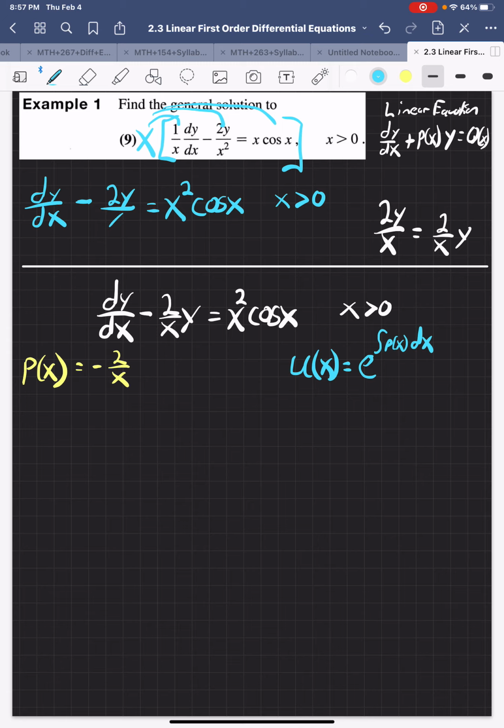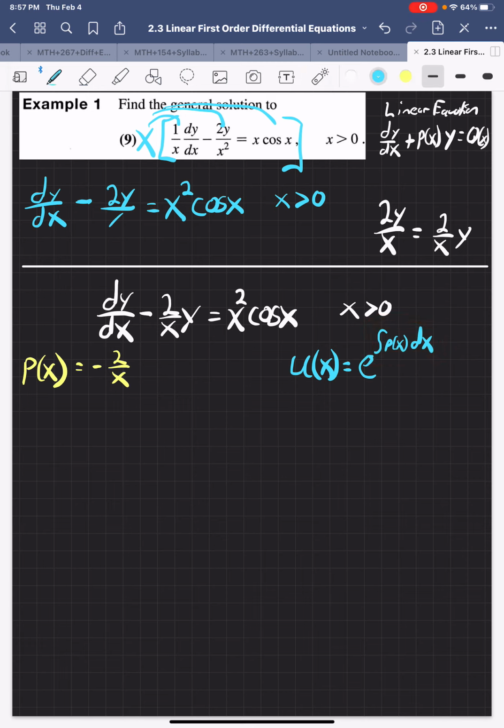As soon as you have established what p of x is, let's integrate that, because whatever we get after the integration is what's going to go right here.